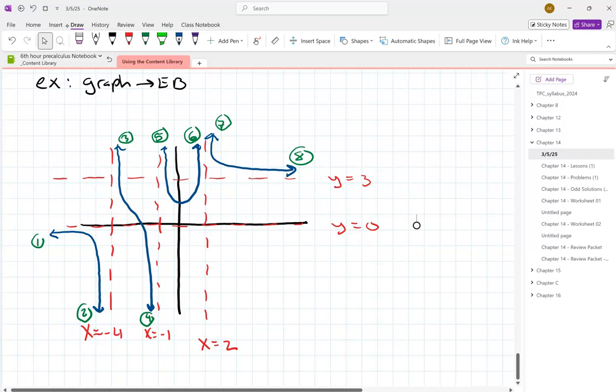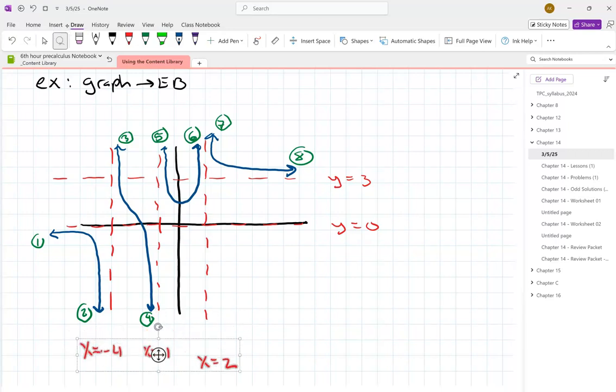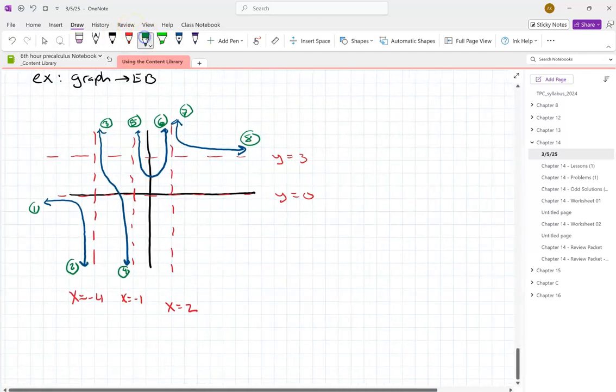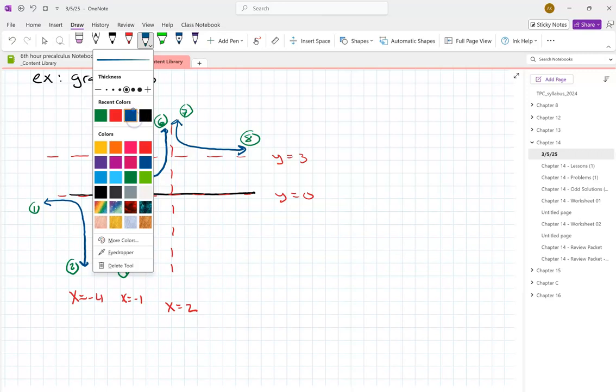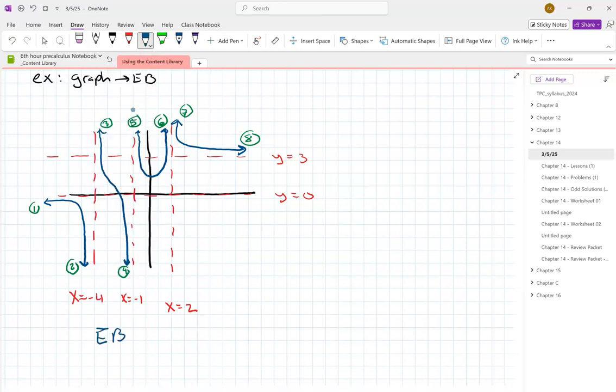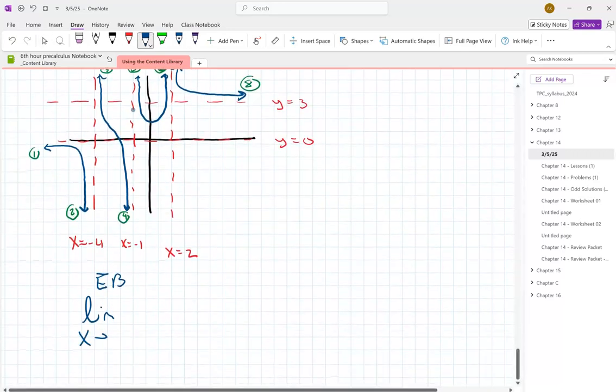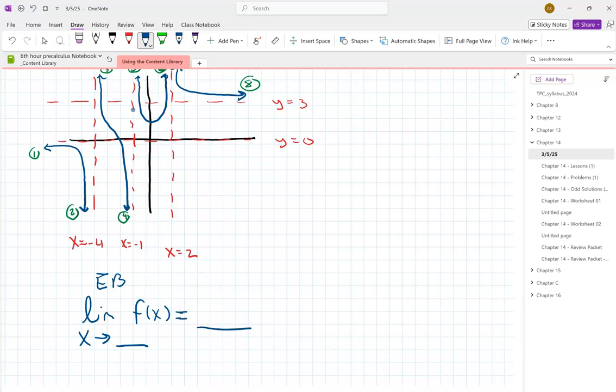Is everybody okay with what you're looking at? So remember from last chapter when we talked about end behaviors, they're always going to look like this, right?